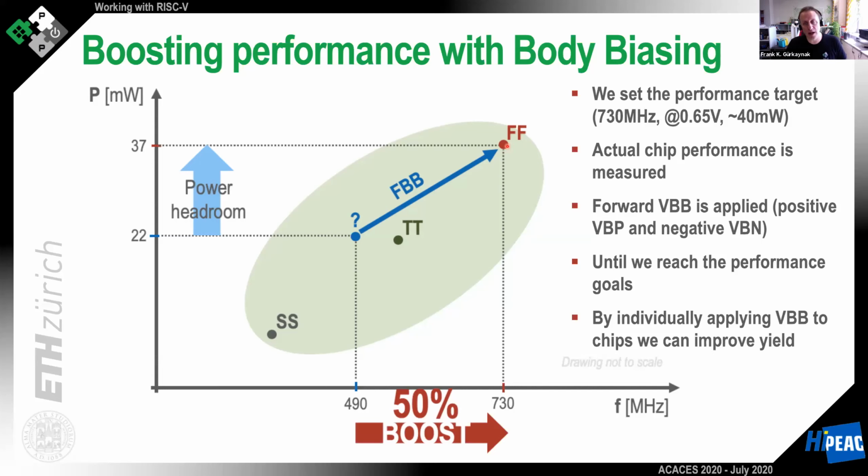By adding forward body biasing, you move it to the corner that you want. You can do this individually for each chip, effectively increasing the yield for the selected performance target. The numbers actually correspond to the numbers we are working with on the chip. So this is the Ariane core working at 0.65 volt, at 40 milliwatts, 730 megahertz.